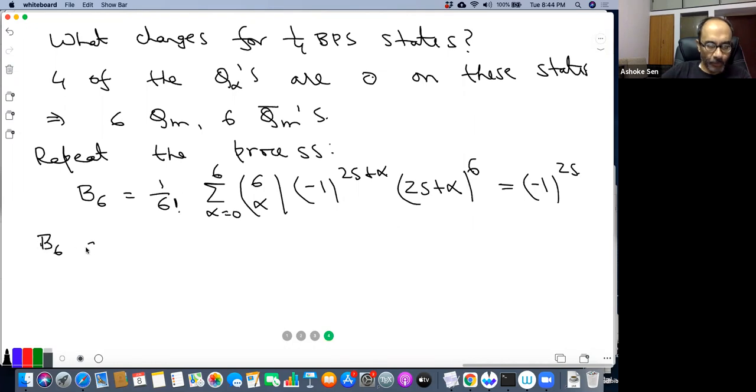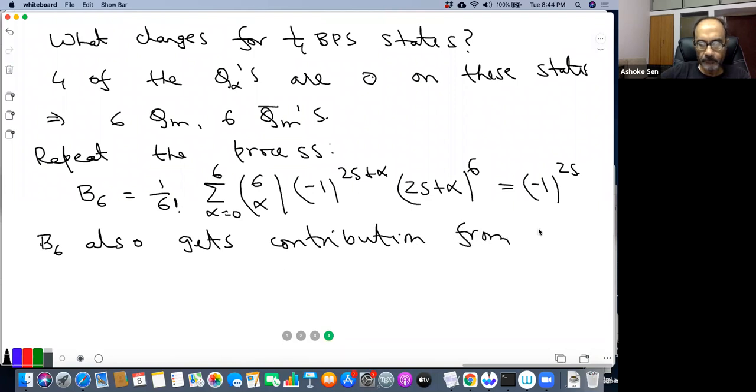Now, B6 also gets contribution from half BPS states. But they exist only for spatial charges.